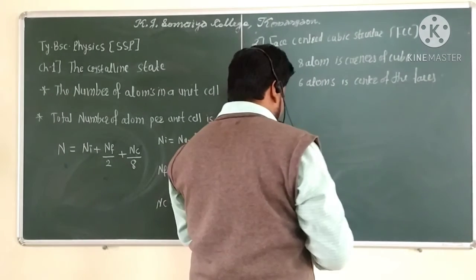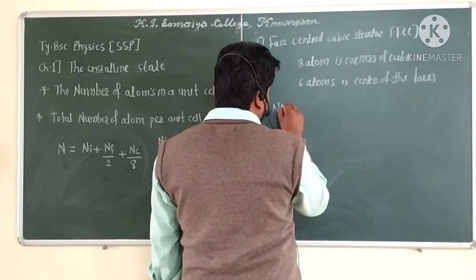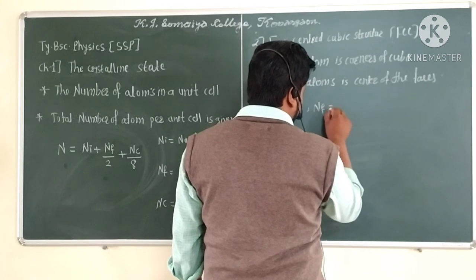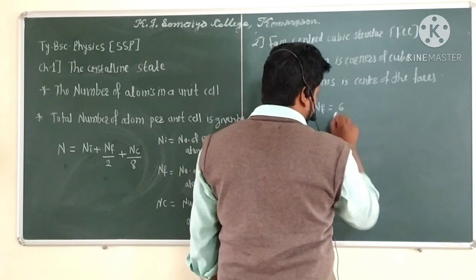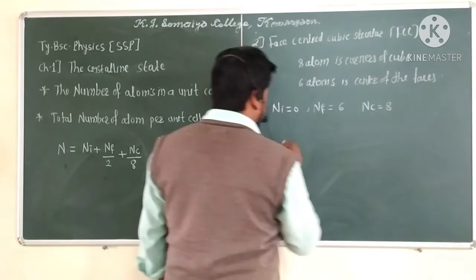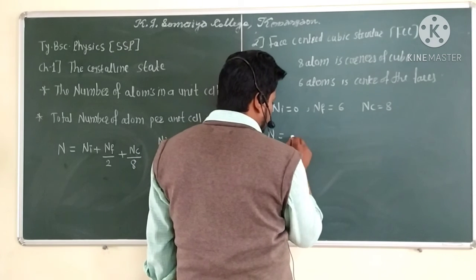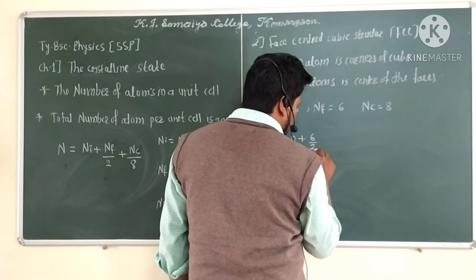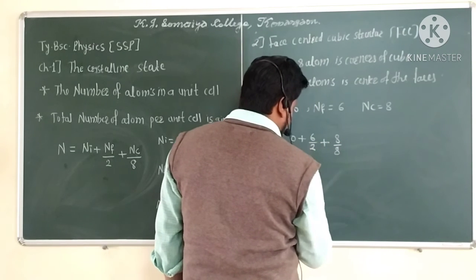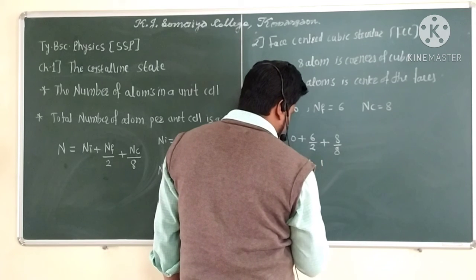So here the number of body centered atoms Ni is equal to 0, Nf, the face centered, is given as 6 atoms, and Nc is given as 8. So N, the total number of atoms per unit cell, is 0 plus 6 by 2 plus 8 by 8. That is 3 plus 1, which is equal to 4.